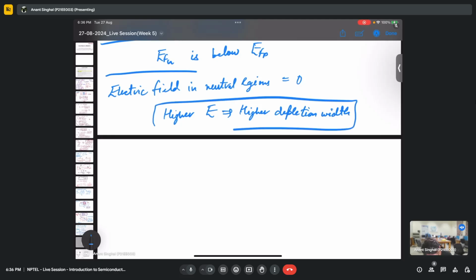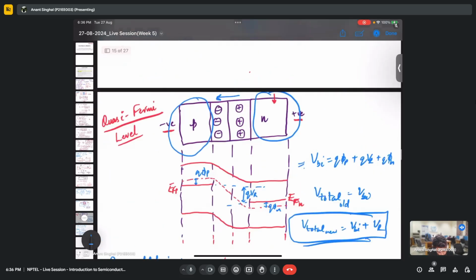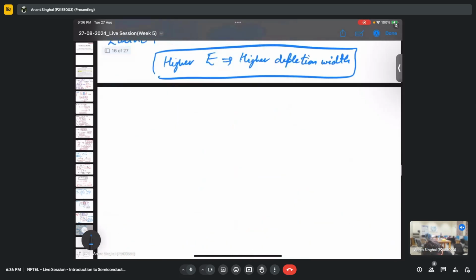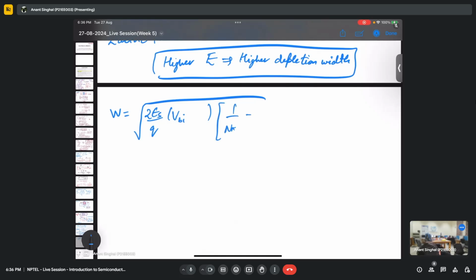That is why I told you in the initial state that once we have a reverse bias, we will have more depletion width as compared to when we have no bias. In very simple terms, the formula that we had for the total depletion width before was 2 epsilon s by q VBI.